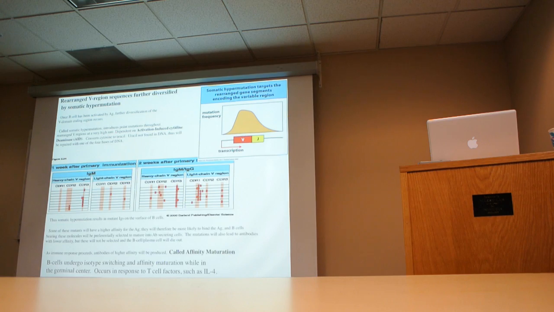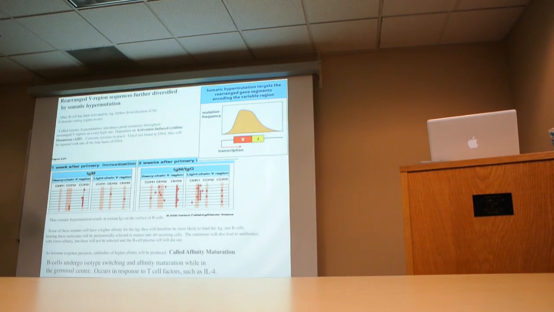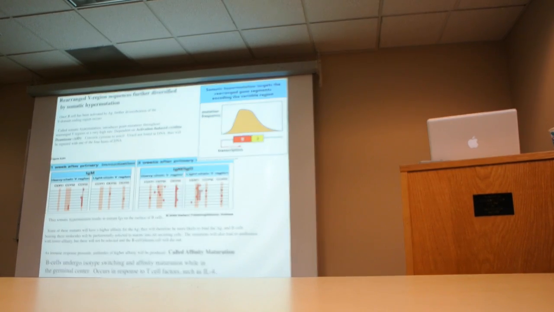So at the end of the day, we're slowly developing antibody responses that are clearing the bug. As the antigen's disappearing, we are preferentially expanding the best of the best of the B cells, those with the highest affinity. And they continue to expand.